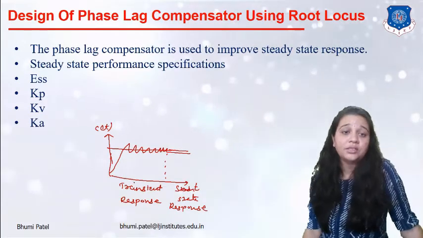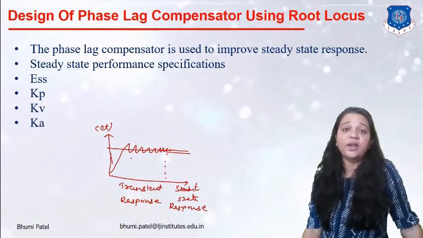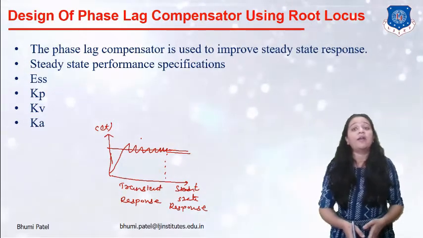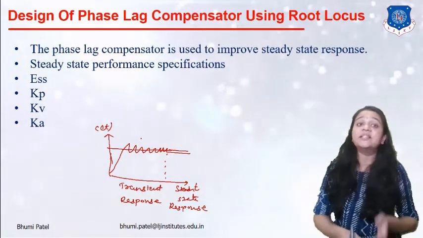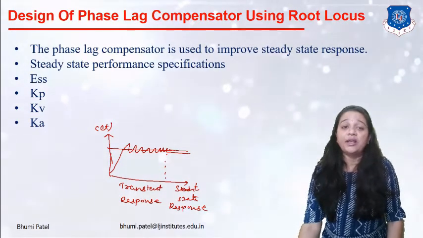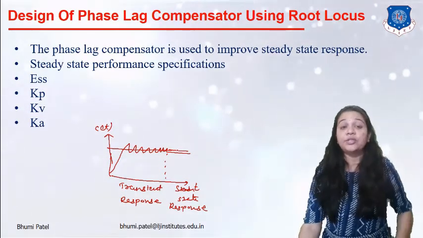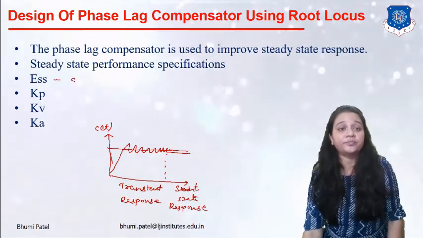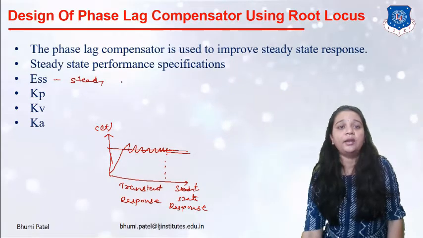Now in the transient response, which factors are affected? Rise time, peak time, delay time, settling time, that we have to compensate using the phase lead compensator. After the settling time we get the steady state response. In some systems we can get a steady state error.